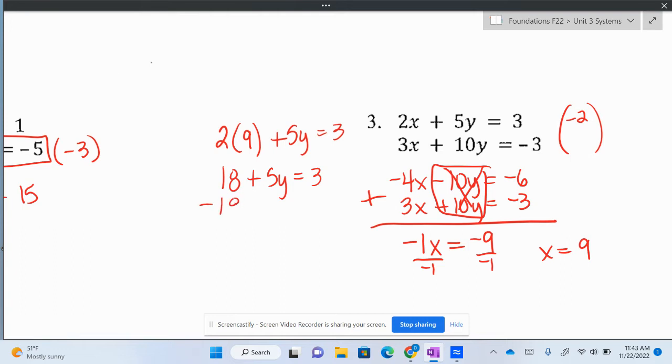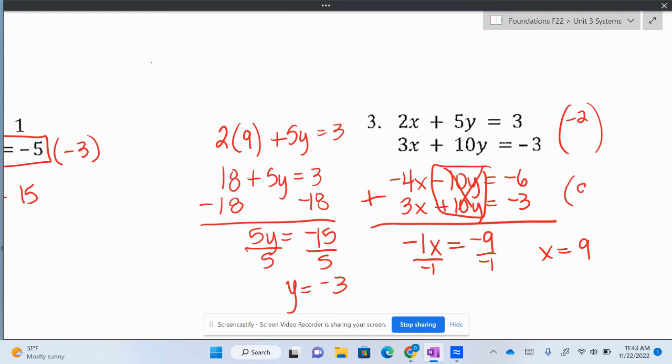I'm going to subtract 18 from both sides. And I find out that 5y equals negative 15, which means that y equals what? Negative 3. So my solution is the ordered pair 9, negative 3.